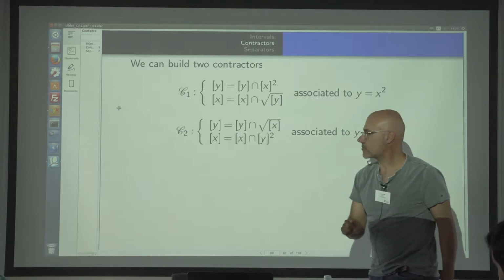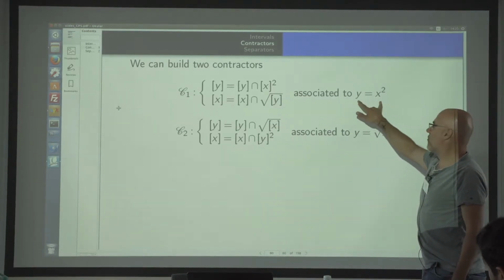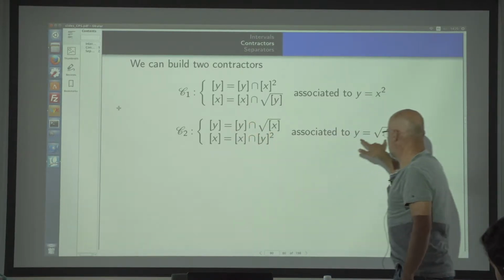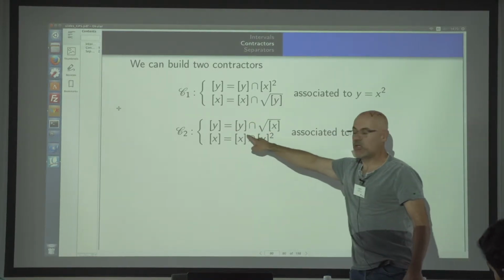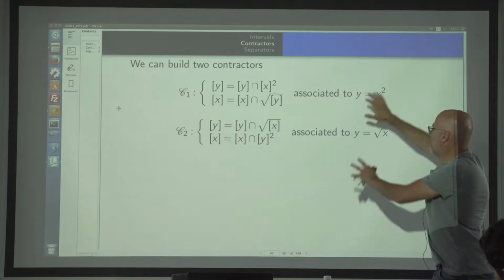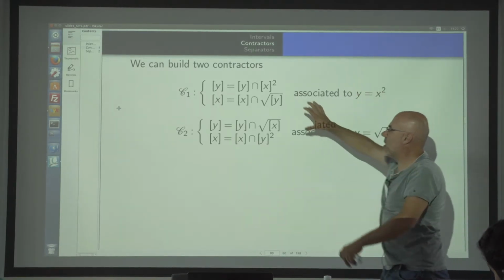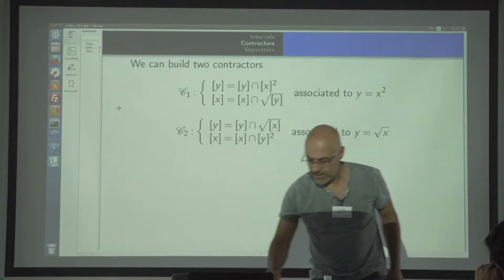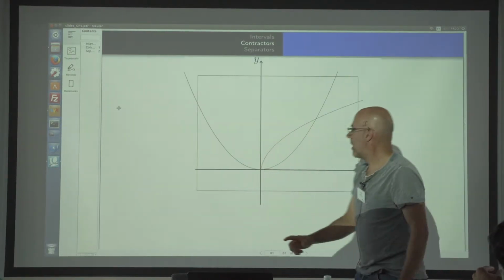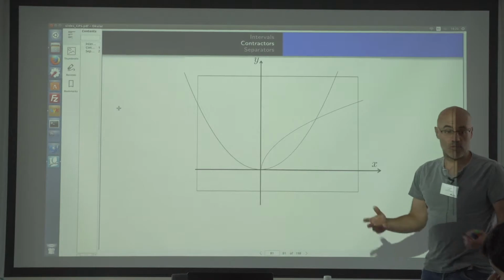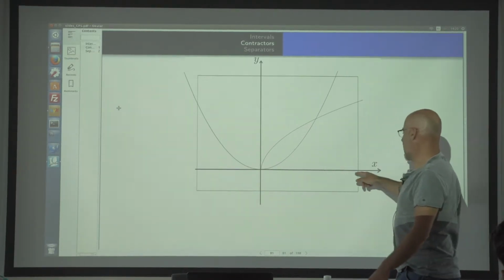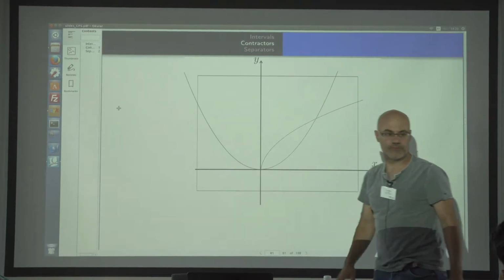So first, I take the first equation and I transform it into a contractor. Second equation, I transform it into a contractor. And now, I don't need this anymore. I will only deal with contractors. Then, I know that the solutions are inside this box. So x and y are here.